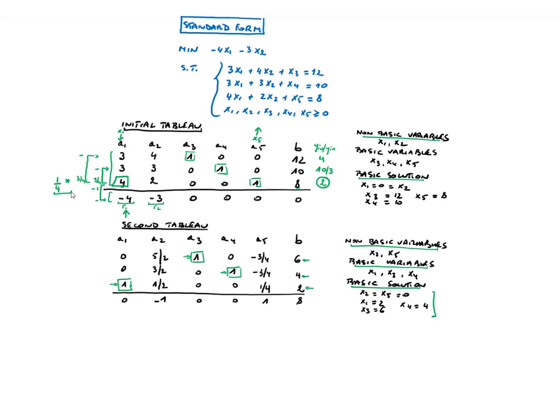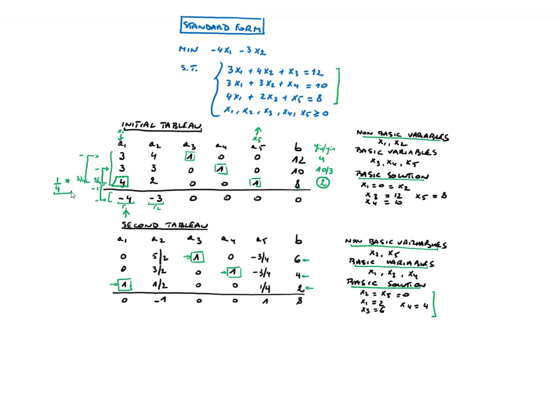So you should always check, of course, if the new basic solution meets the constraints. You should check that it remains feasible. If not, you have made a mistake, and it doesn't make sense to go any further.